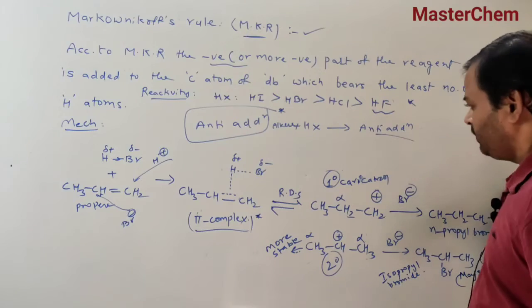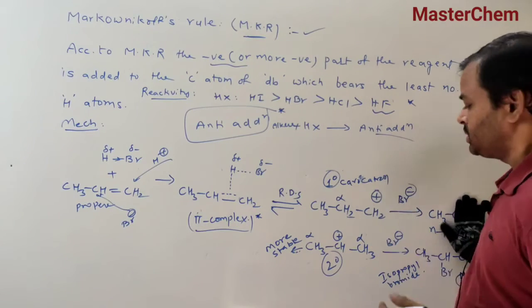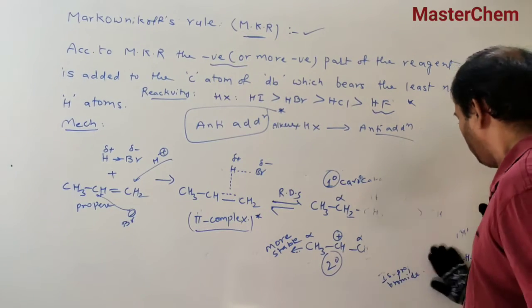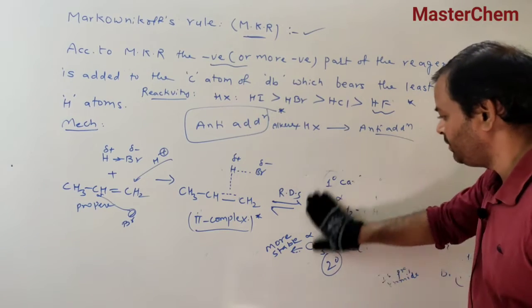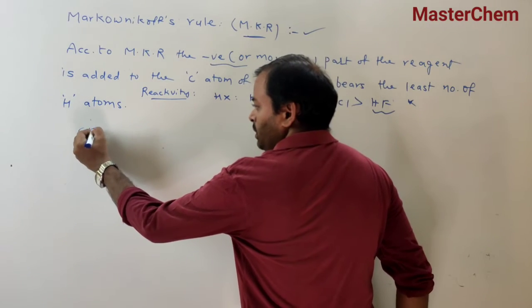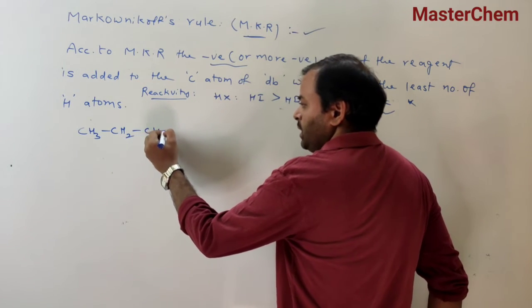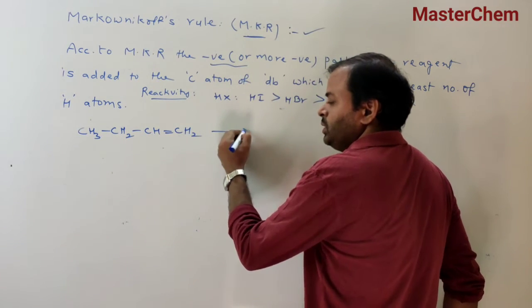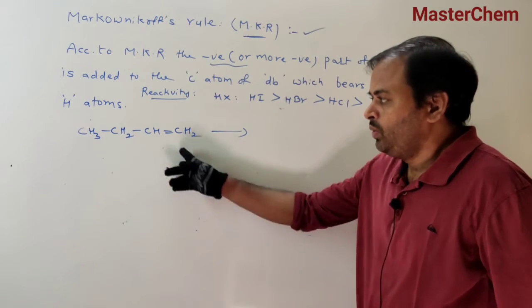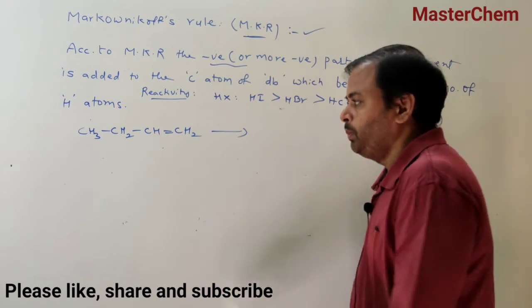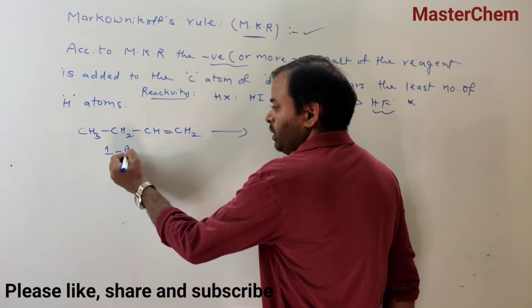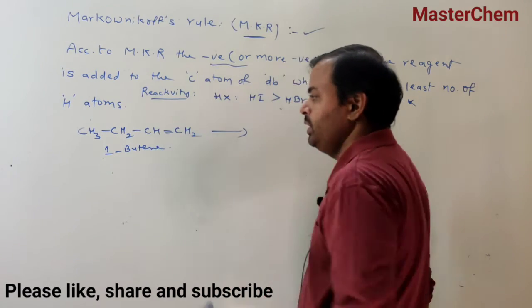Now I will give some more examples. You have to predict which is major and which is minor. Example: CH3, CH2, CH double bond CH2. What is this? It is 1-butene.